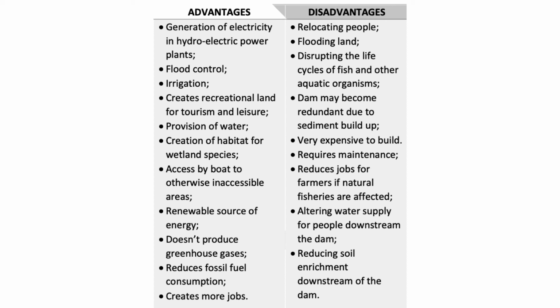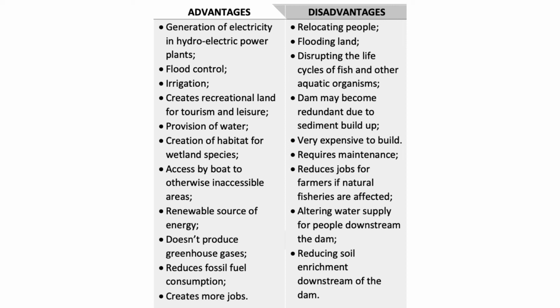The disadvantages: people have to relocate, it can cause flood of the land, it would disturb the cycle of the fish because they cannot move from downstream to upstream. The dam may be redundant because of the silting. It's very expensive to build and very expensive to maintain because of the silting.